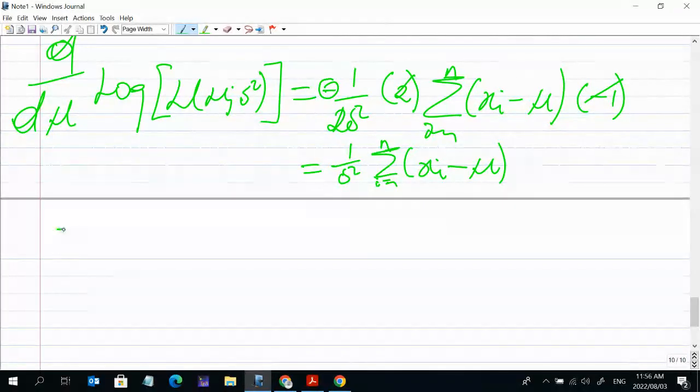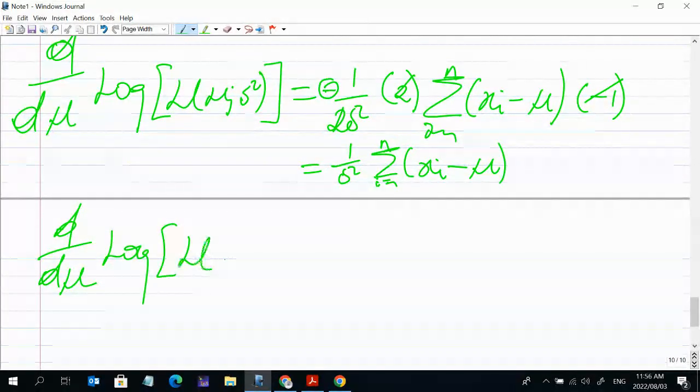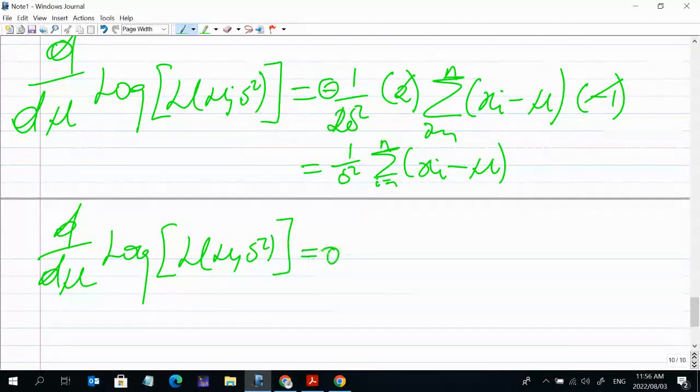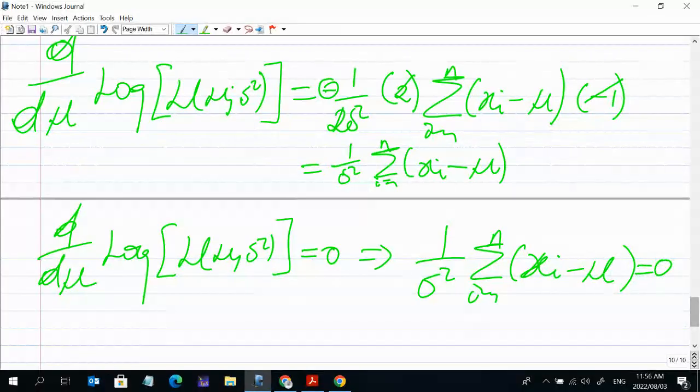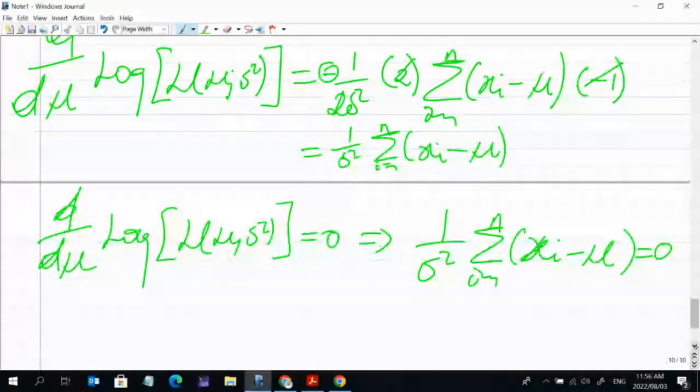So we are going to equate the derivative of the natural logarithm of the likelihood function to 0, which implies that 1 over sigma squared summation of xi minus mu is equal to 0.